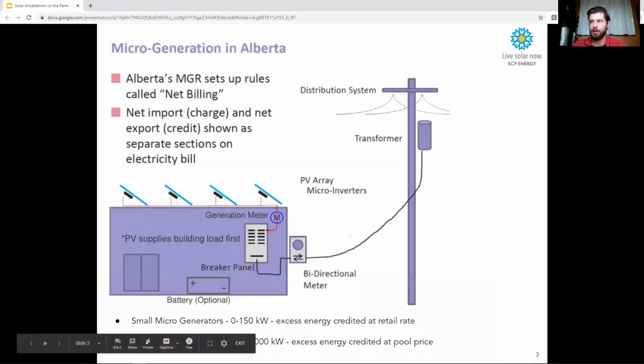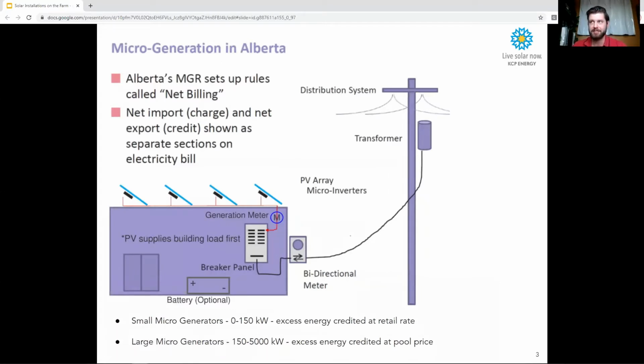So in Alberta, we have a system called net billing, and that's actually facilitated through the Alberta microgeneration legislation. So all solar energy systems in Alberta that are used to offset a site's energy are considered a microgenerator.